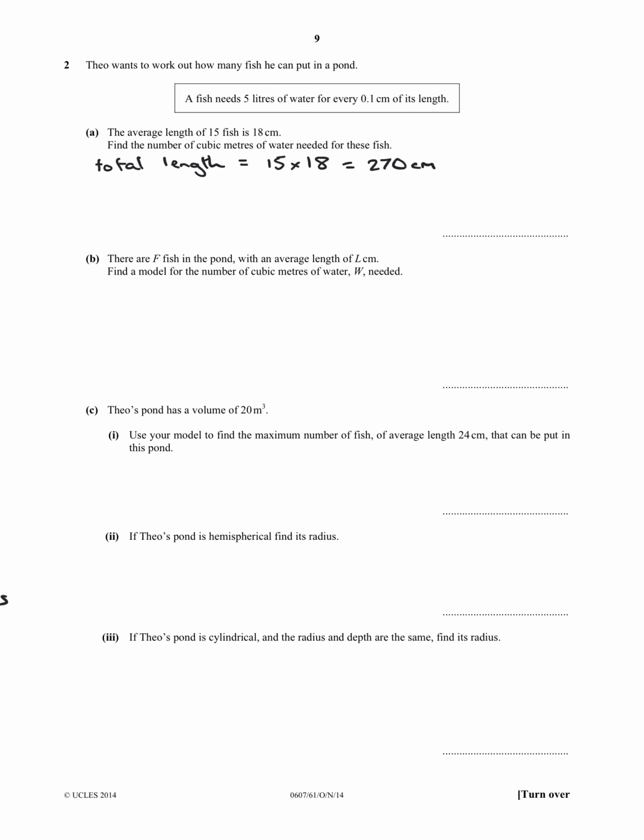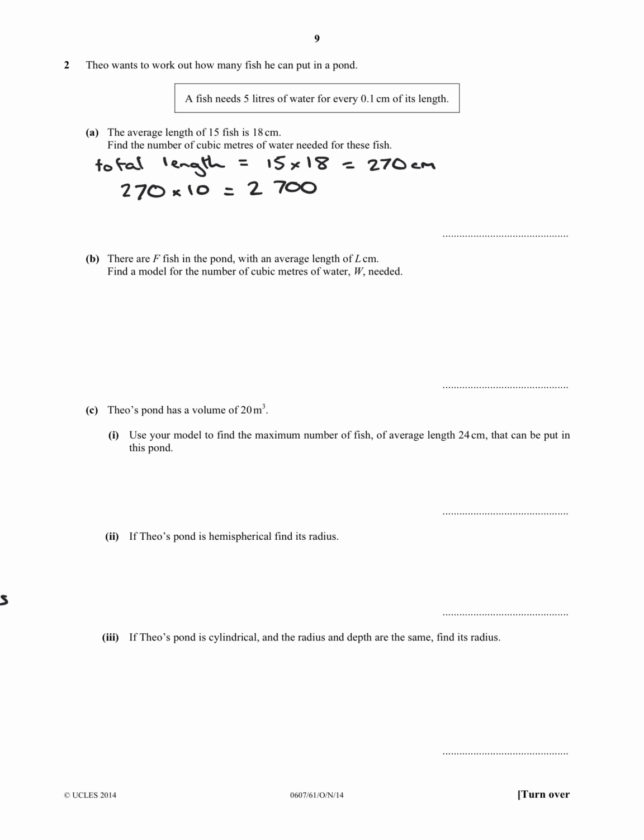We know we need 5 litres for every 0.1, so we need to work out how many 0.1s that is. So we need to multiply by 10. So 270 times 10 gives me 2,700.